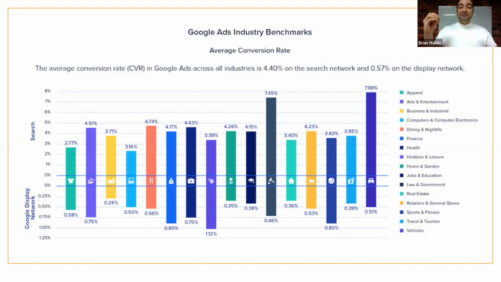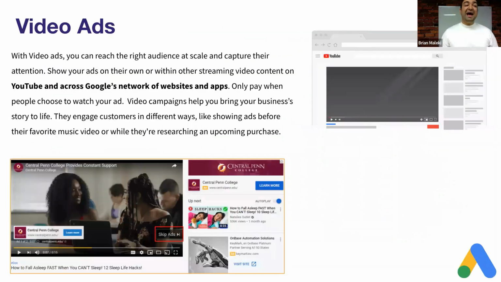So you must know the business objective and business needs. Most of the time, if you are looking for brand awareness, go for display ads. Retargeting, go for display ads. But if you want to get more conversions, go for search ads. Also, we have video ads, another campaign type.